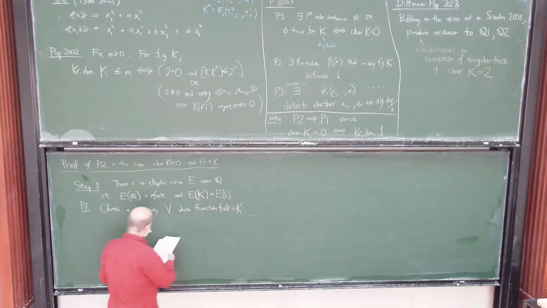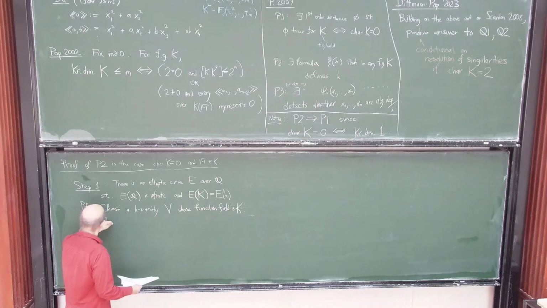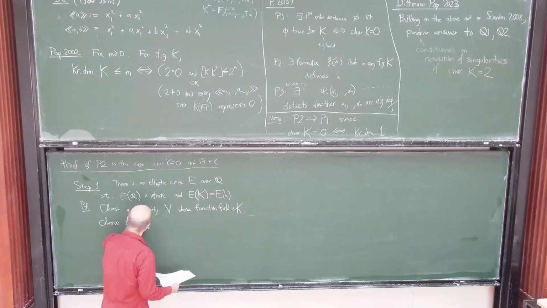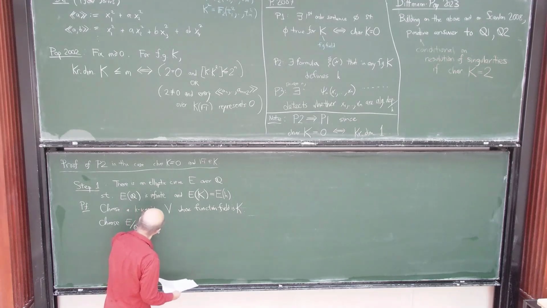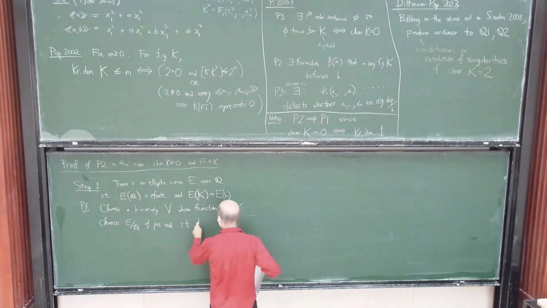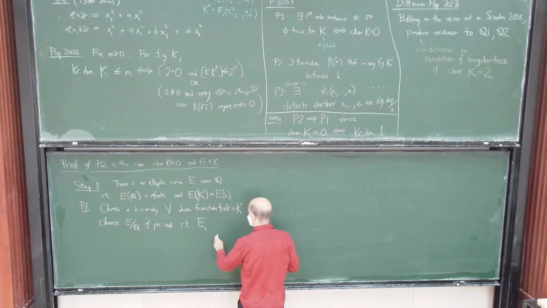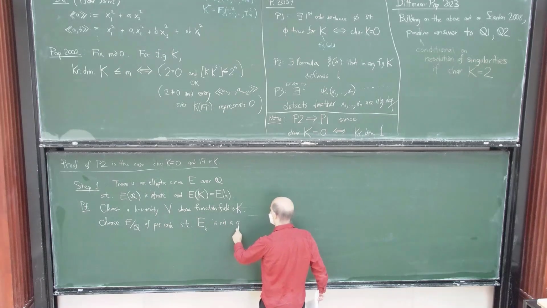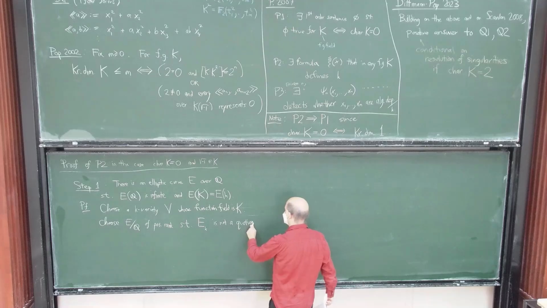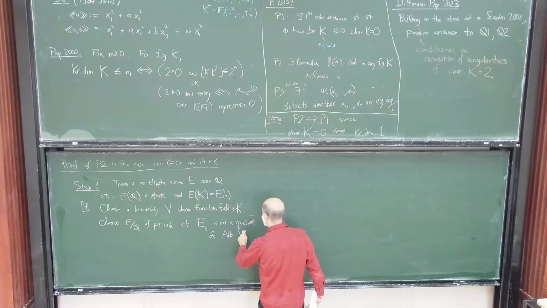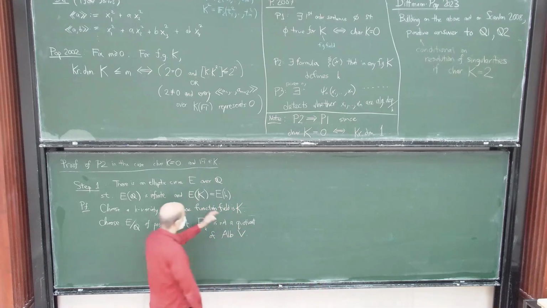Okay, and then we'll choose an elliptic curve of positive rank, meaning with infinitely many rational points, and such that its base change to K is not a quotient of the Albanese variety of V. So I'm using some algebraic geometry here.